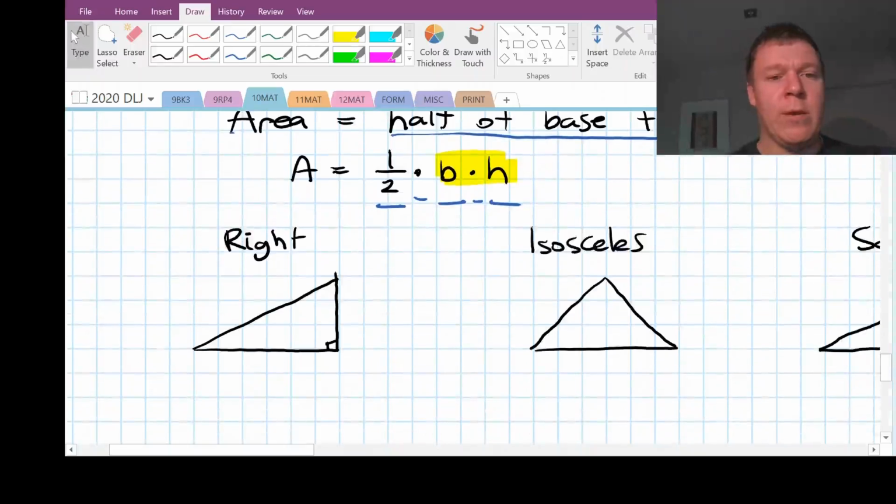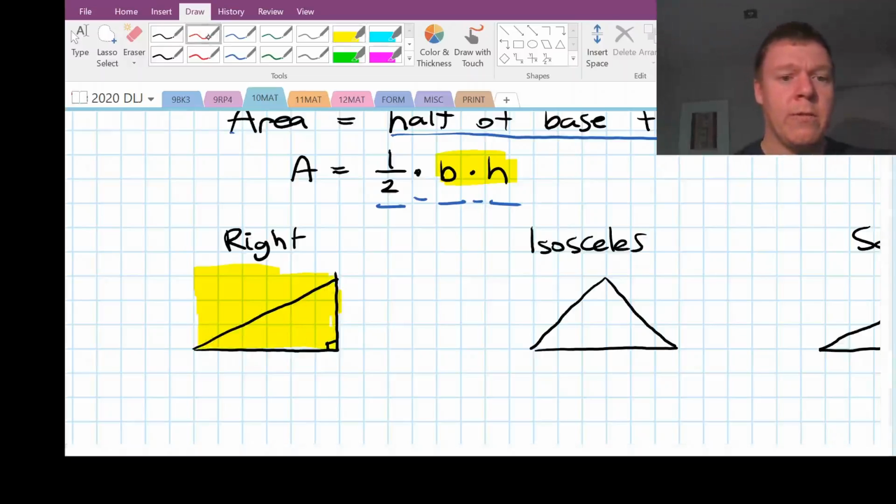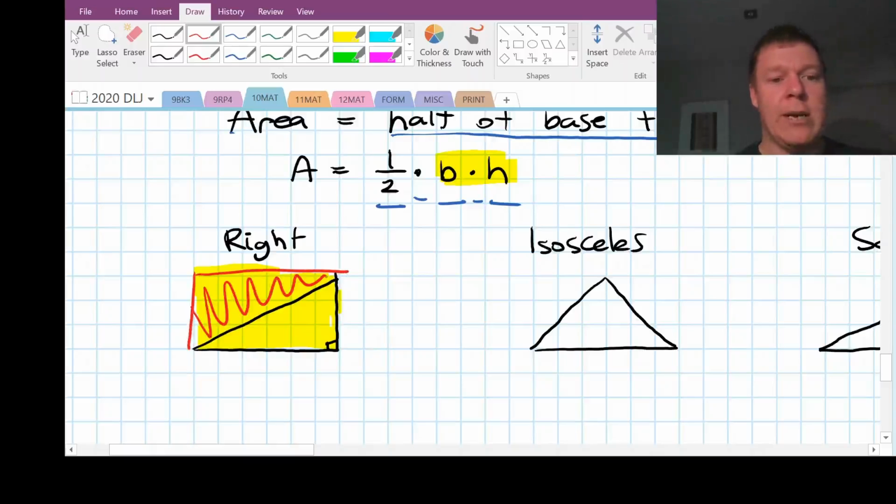So basically, any triangle is just half of the rectangle that contains it. So with a right angle triangle, it's easy to see. Well, if we cut that yellow rectangle in half, we've got the area. So if we take away half of the rectangle, we're left with the area of the triangle.